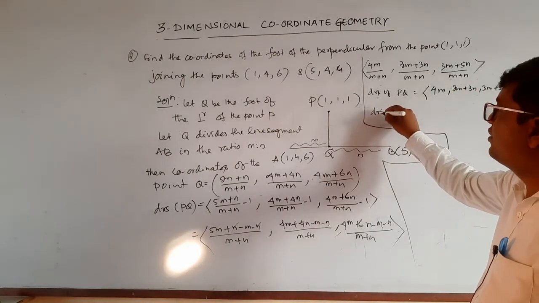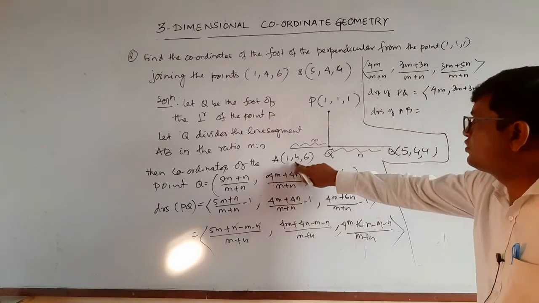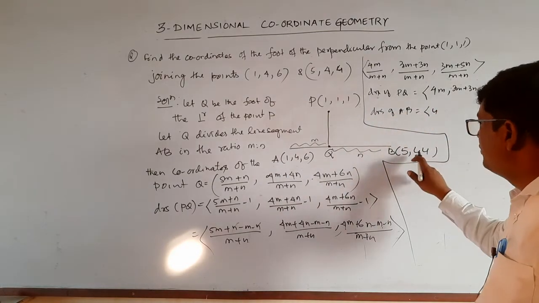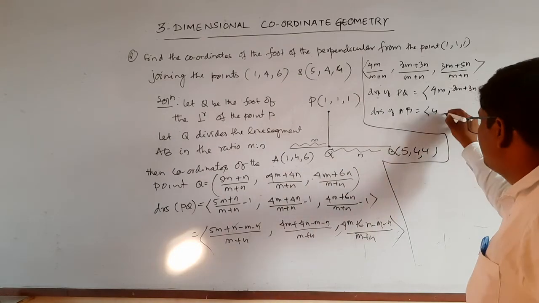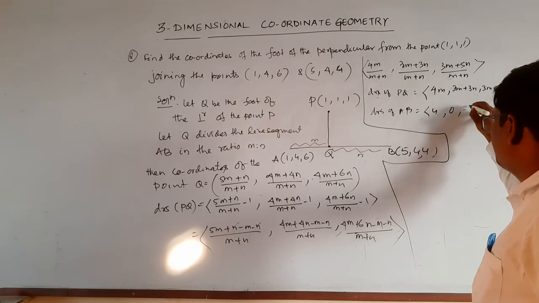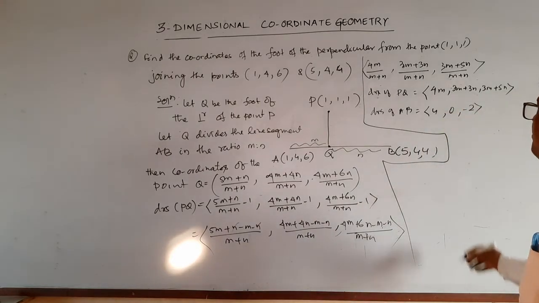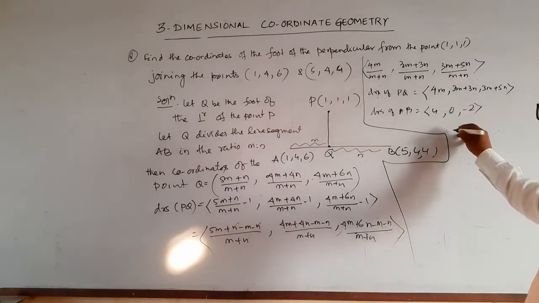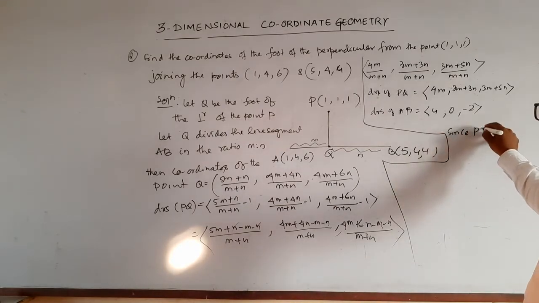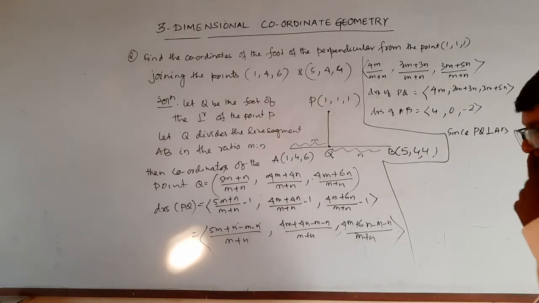DRs of AB are 5 minus 1 = 4, 4 minus 4 = 0, 4 minus 6 = minus 2. Since PQ is perpendicular to AB, now apply the condition for perpendicular.